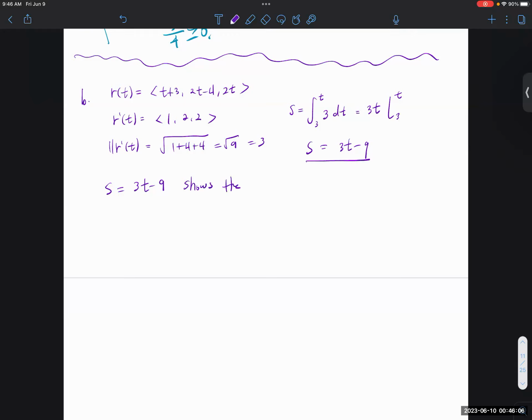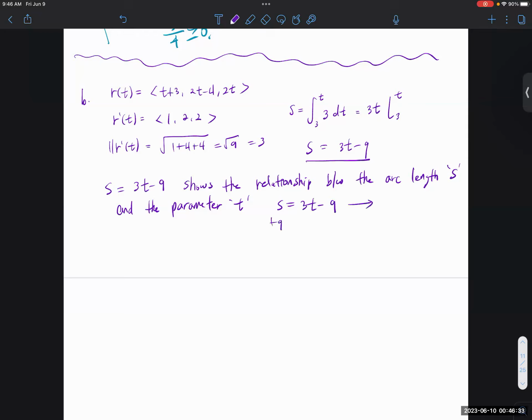This shows the relationship between the arc length s and the parameter t. We are going to solve for t.